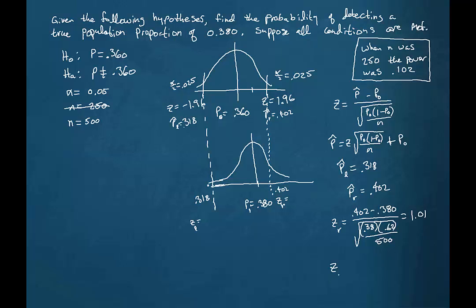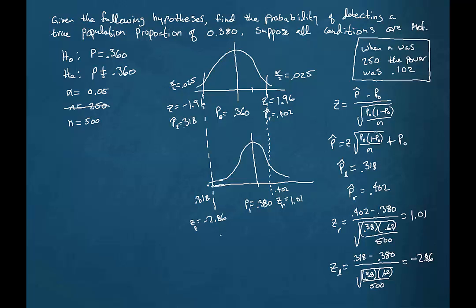Then, doing the same thing for our left-hand z-value, we'd have 0.318 minus 0.380 divided by the square root of 0.38 times 0.62 divided by 500. And we'll wind up with minus 2.86. So we have 1.01 and minus 2.86.